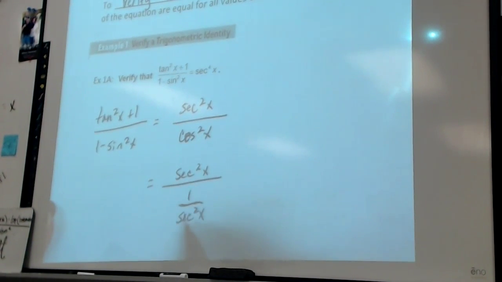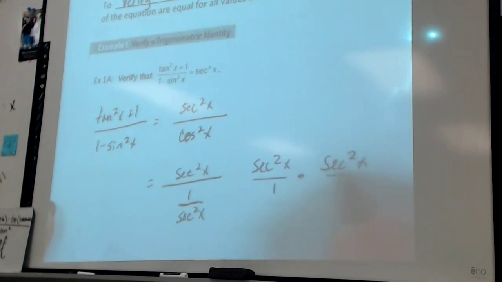Now, when you divide by a fraction, you flip the second one and multiply. So we have secant squared x over 1 times, flip the second one, secant squared x over 1, which gives us what?